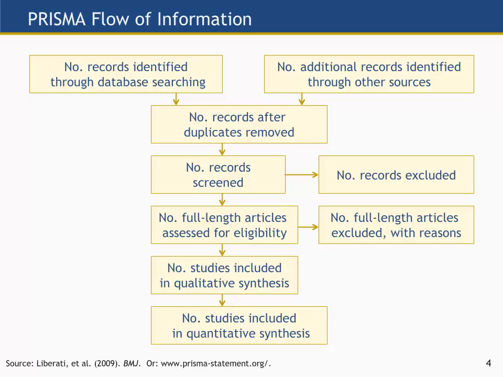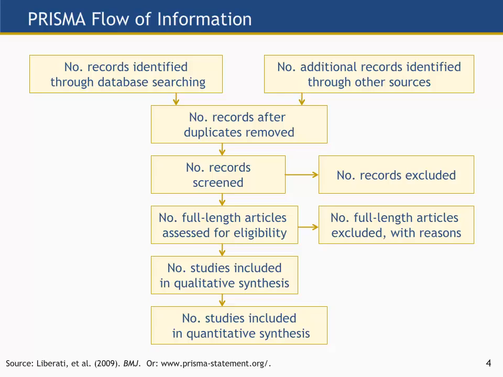There's a 27-step checklist available and also a flow chart. There are now over 125 journal editors that have signed on to the PRISMA standards, and if you wanted to publish a systematic review or meta-analysis with them, they would expect to see certain features.